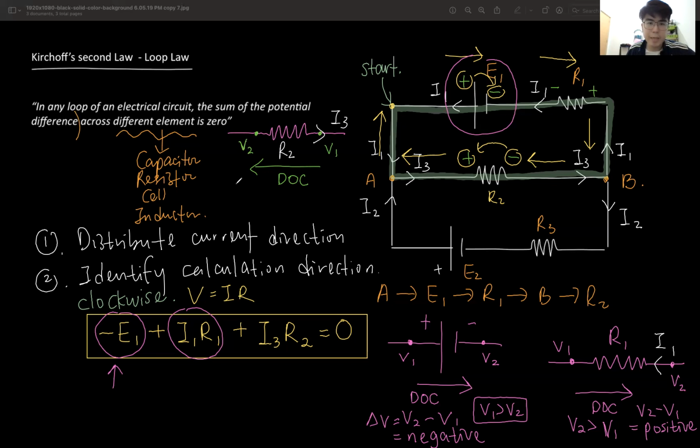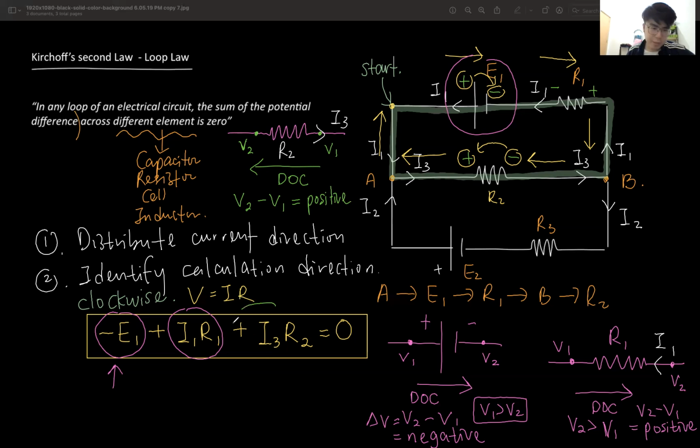If I want to get the potential difference, V2 minus V1, is it a positive value or a negative value? Again, you look at the current flow. Current always flows from high potential to low. So V2 must be bigger. When I subtract it, I also get a positive value.